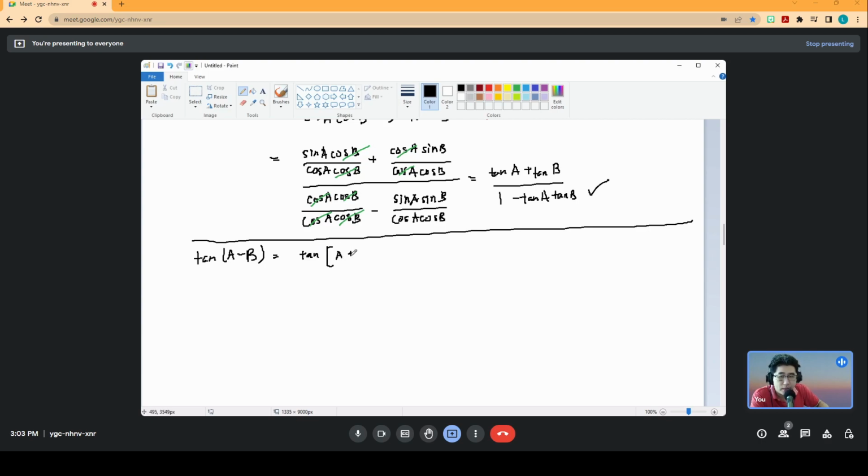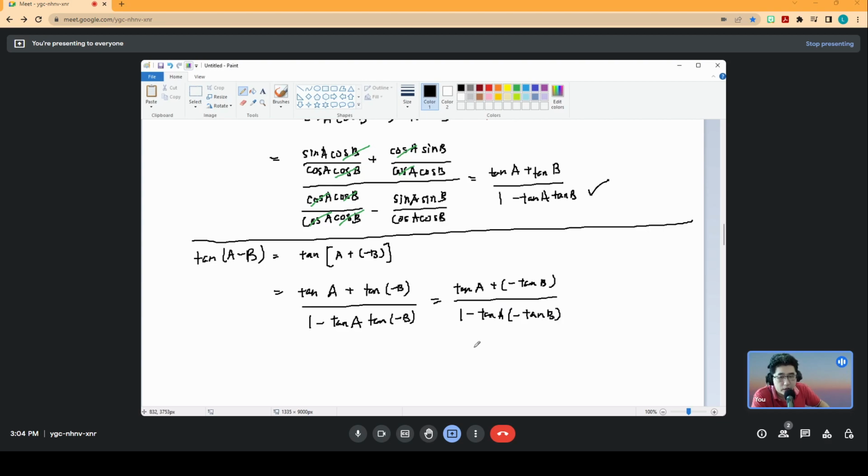So A plus negative B. Then I have tangent of A plus tangent of negative B over 1 minus tangent of A tangent of negative B. According to P1, tangent of negative B is negative tangent B. So I have tangent A plus negative tangent B over 1 minus tangent A times negative tangent B. Therefore, I will get tangent A minus tangent B over 1 plus tangent A tangent B.